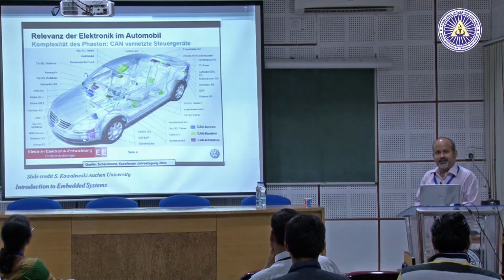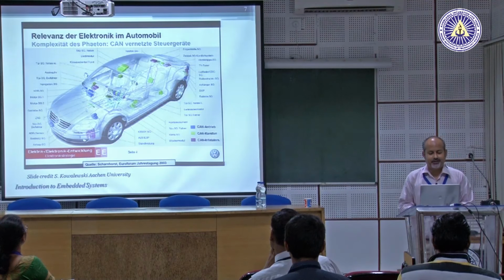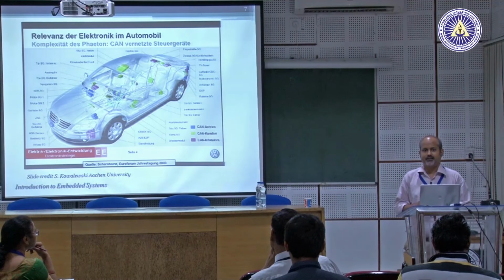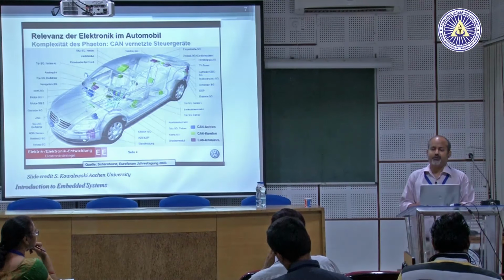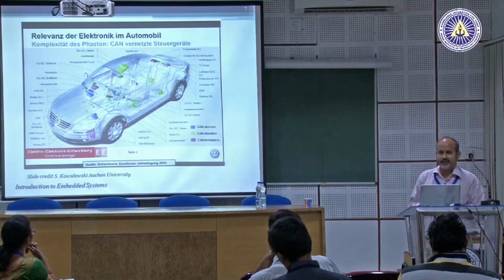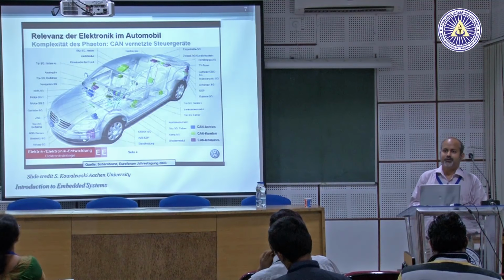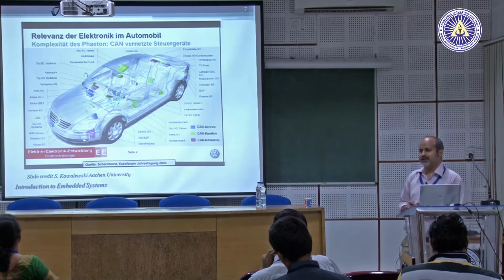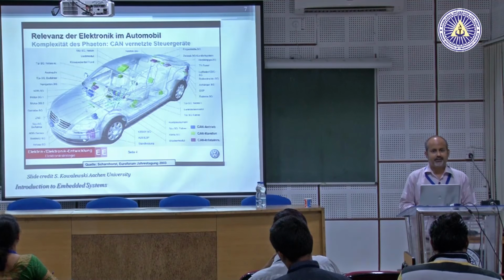Now your car, if you have one, probably has more than 50 microprocessors. In a high-end car, it's more than 80 microprocessors, and they are connected by certain kinds of protocol buses, and then there is software running on them. They say that almost 75% of the innovation in today's car is in the embedded system in the car, and not in the mechanical components.